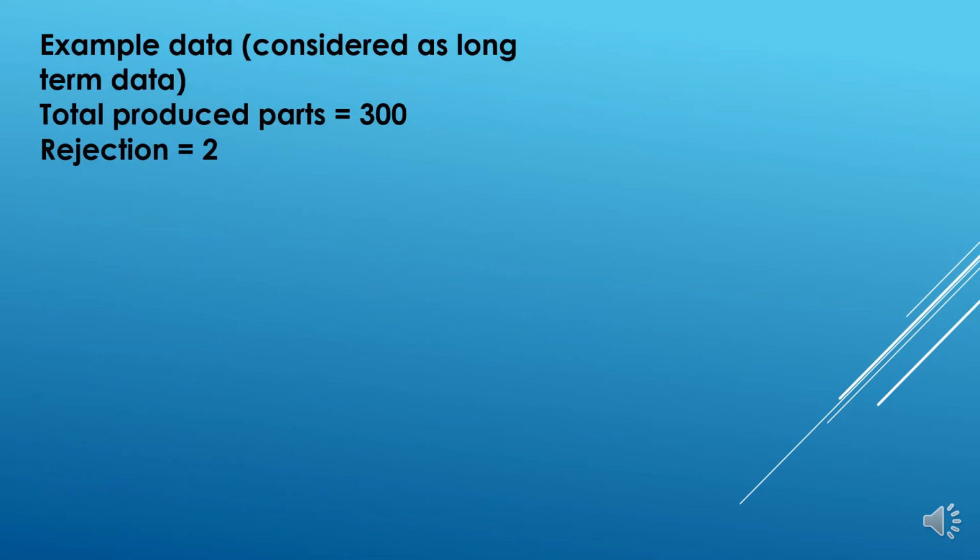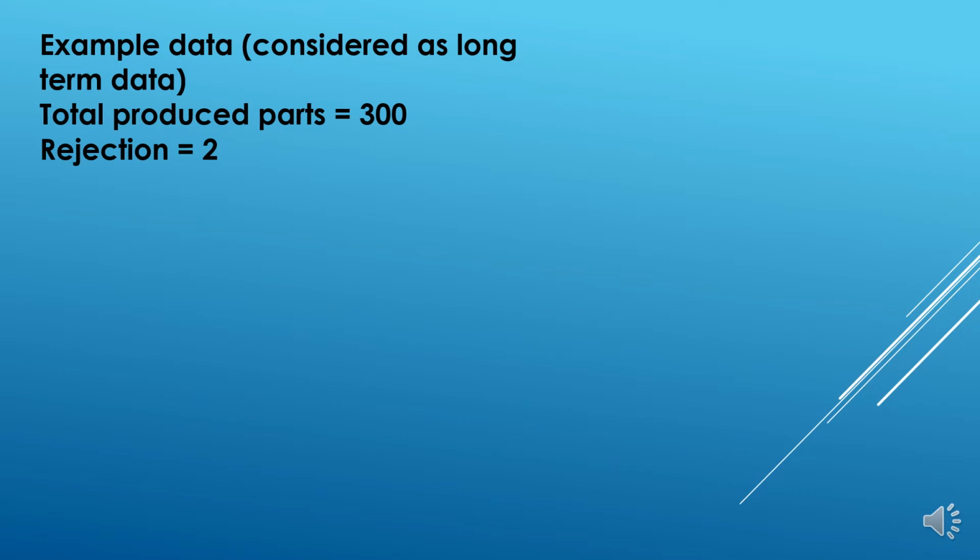In the example, same example, the parts produced 300 and rejection of 2, but I consider it as long-term data. Long-term data means all changes are included: process level changes, system level changes, man, machine, method, everything. In that we can consider almost 1 year of data. So 300 parts produced and rejection of 2.